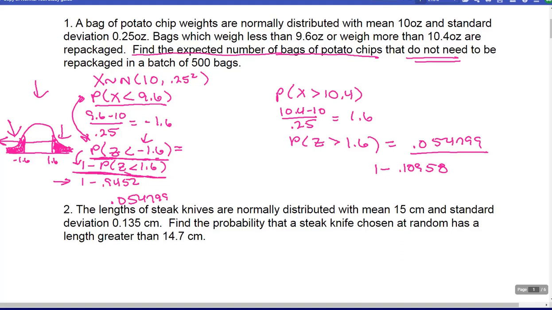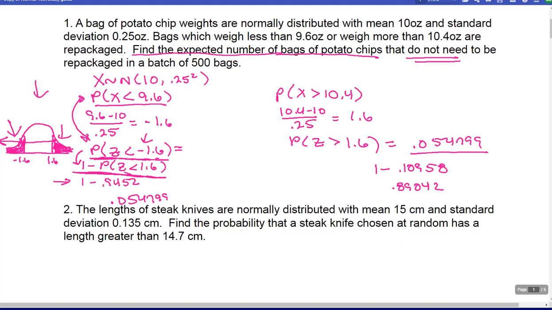What's the middle going to be? 0.89042. Now, this is the probability that they're not repackaged.